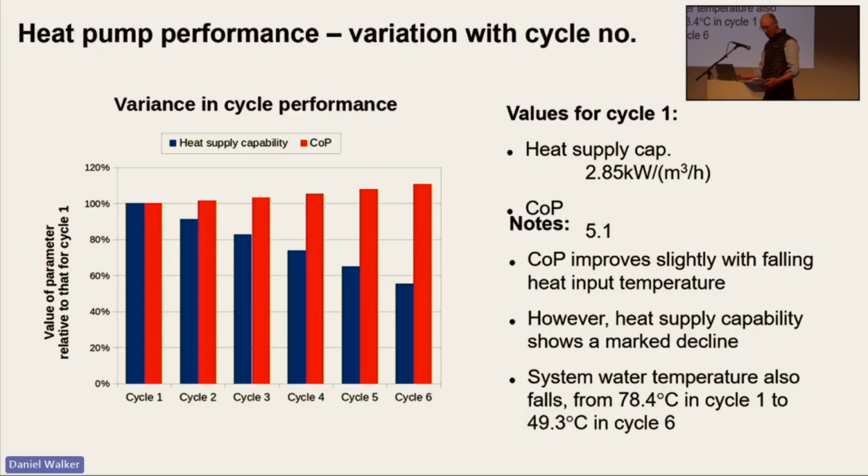But the coefficient of performance of the cycles is much less variable. As we go from cycle 1 to cycle 6, the COP actually increases slightly, although there is a reduction in the supplied water temperature from nearly 80 degrees to just below 50 degrees.